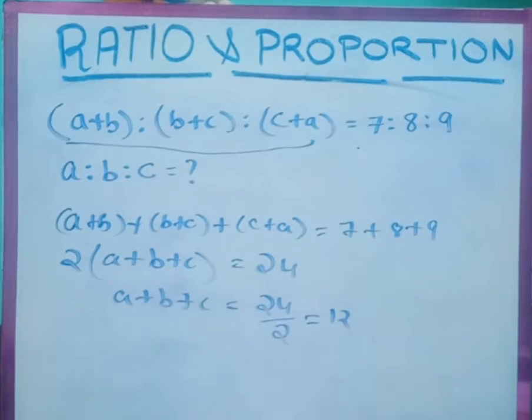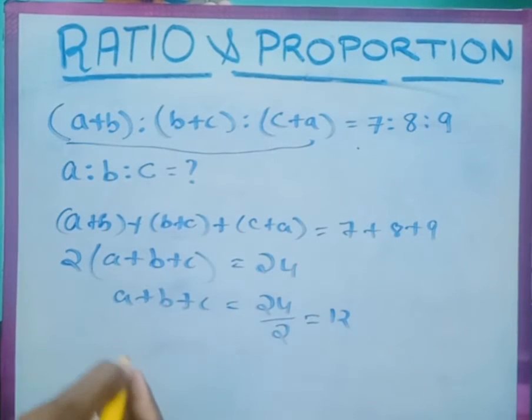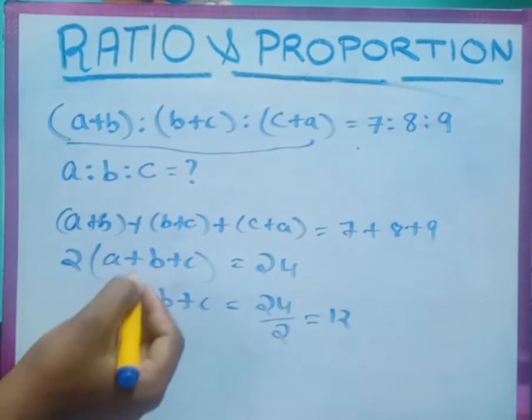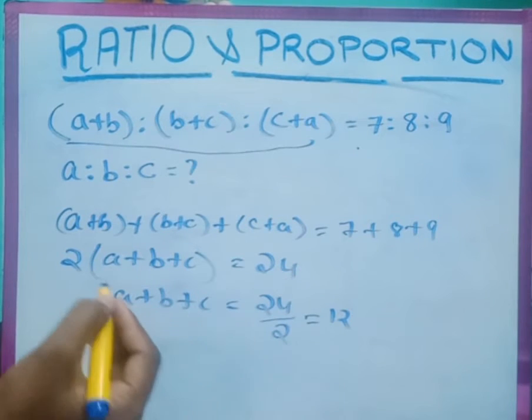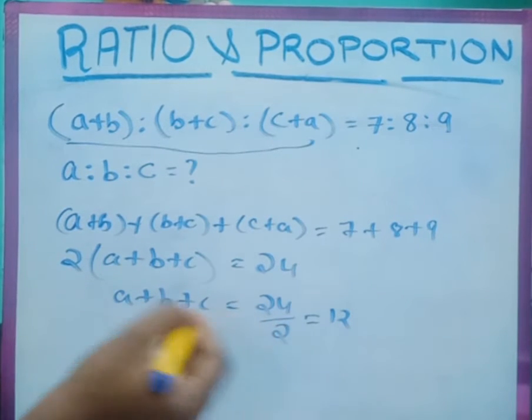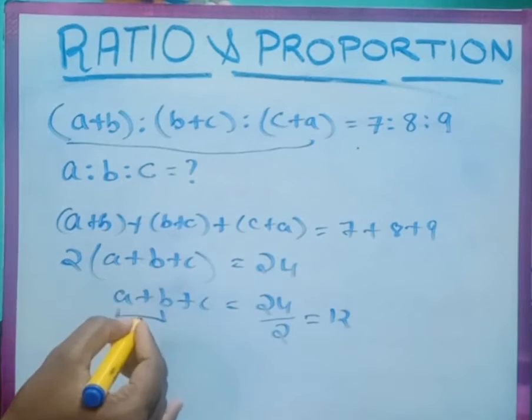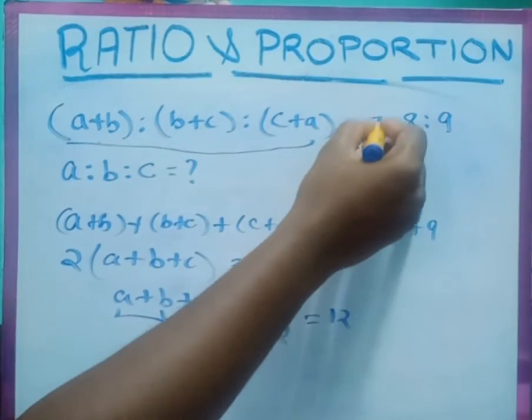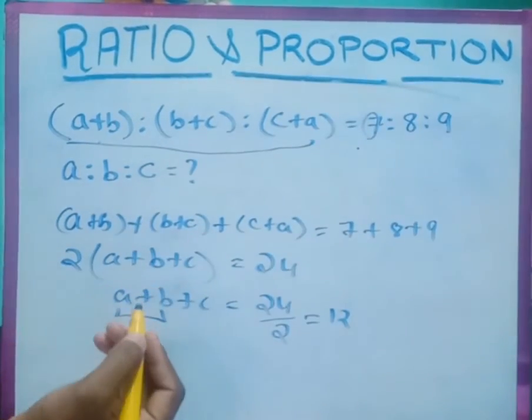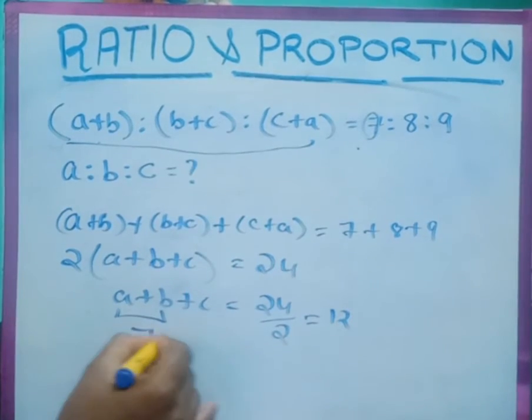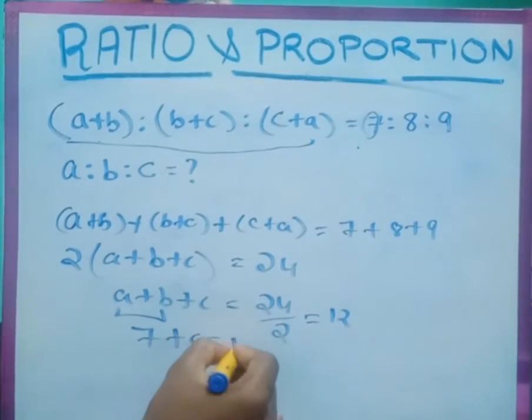So guys, we got the value of a plus b plus c. Now we have to substitute any one value, and you can easily find another value, right? So we know that a plus b plus c is equal to 12. Here we can see a plus b is 7, right? We have to substitute the respective value. So 7 plus c equals 12, right guys?